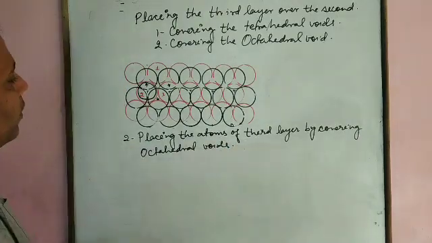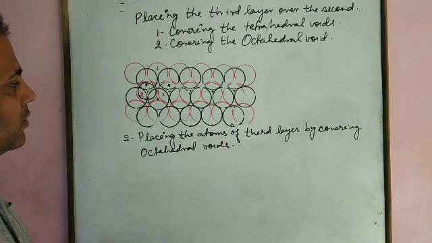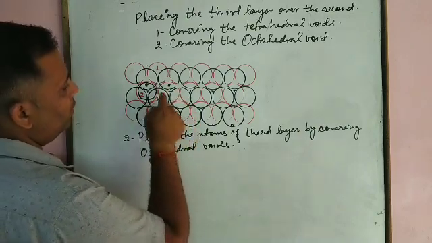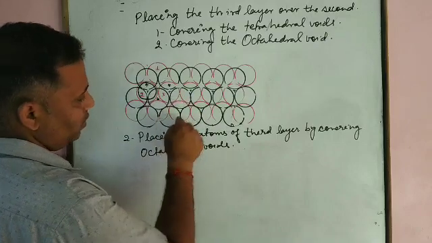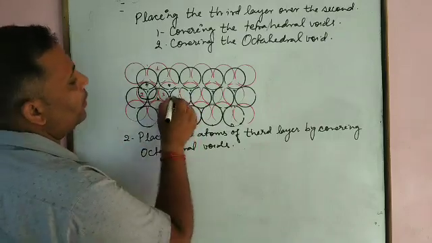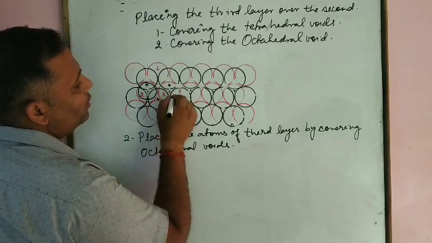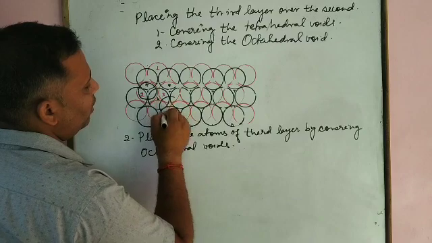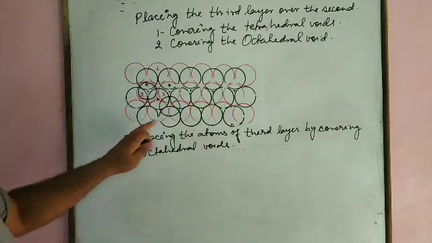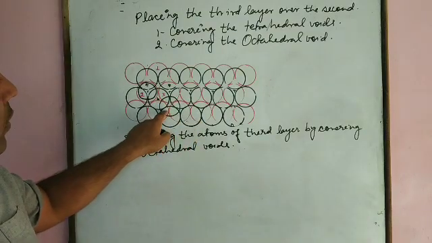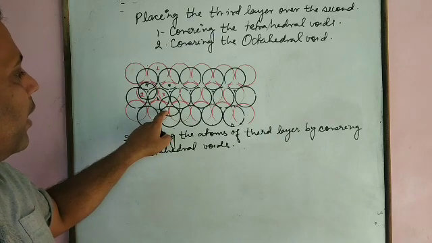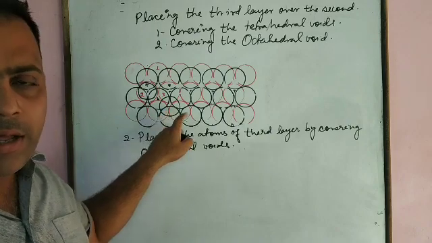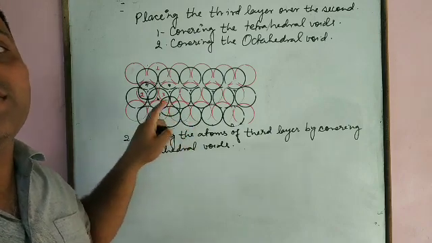When we place the atom by covering octahedral voids, let us see. This one is the first layer, red color. The black one is of the second layer. When we place the atom by covering the octahedral voids, we have the sphere of the third layer like this. What we see here is that the atom of the third layer is not aligned to that of the first layer, and not aligned to that of the second layer. Therefore, it is termed as C.